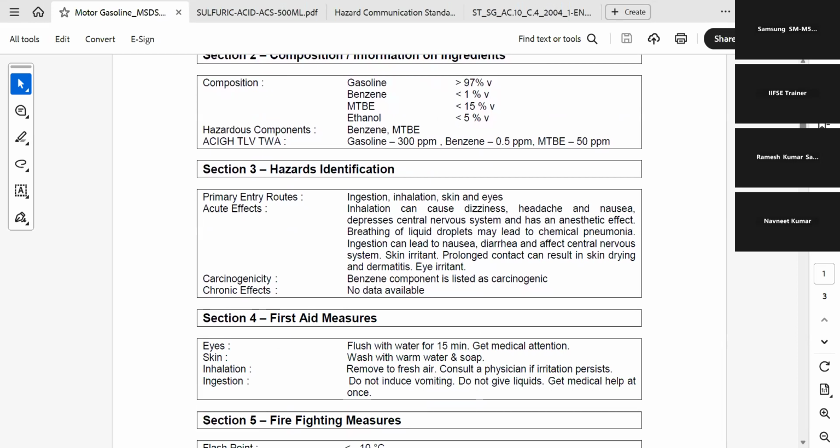Then hazard identification, which is primary routes of entry and acute effects. Primary routes of entry are ingestion, inhalation, skin and eyes, and the acute effects are dizziness, headache, nausea, distress or central nervous system effects, etc.